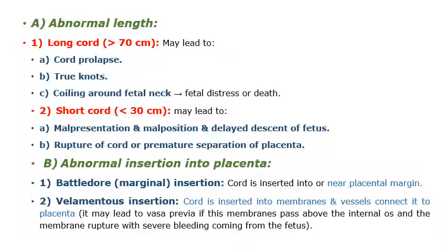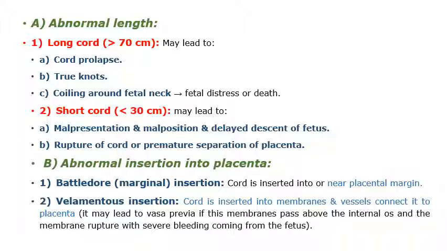Or it may be a short cord, less than 30 centimeters, and this may lead to malpresentation, malposition, delayed descent of the fetus, rupture of the cord, and premature separation of the placenta with accidental hemorrhage.